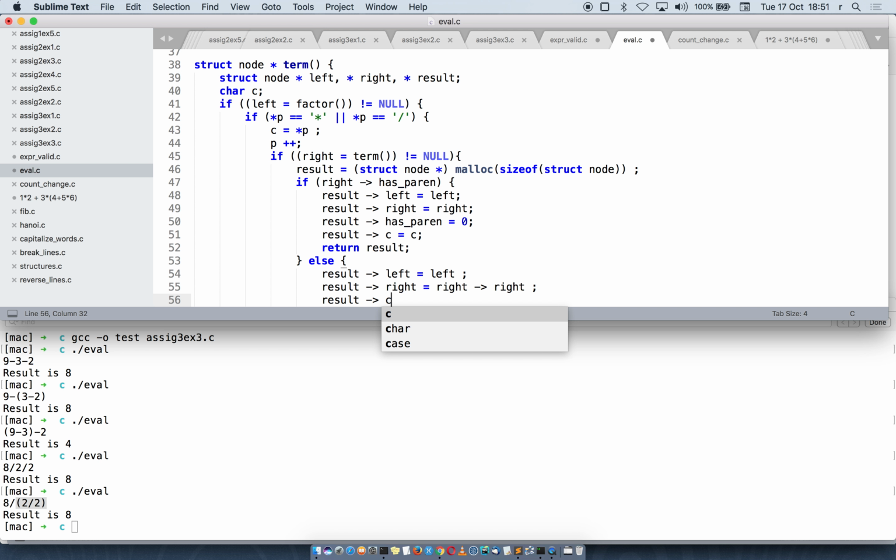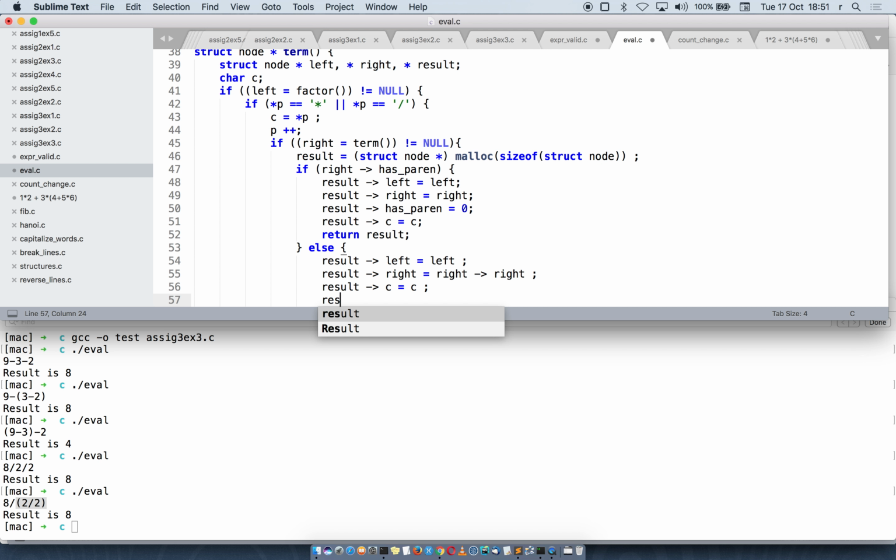Result C equals C. Alright, result has parent equals 0.